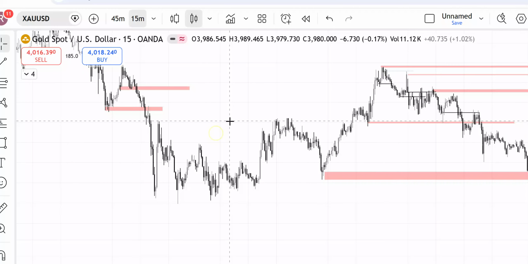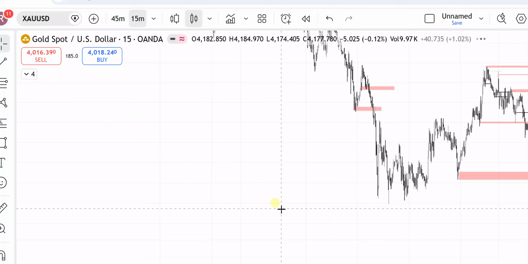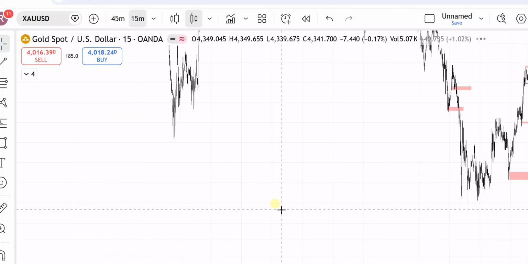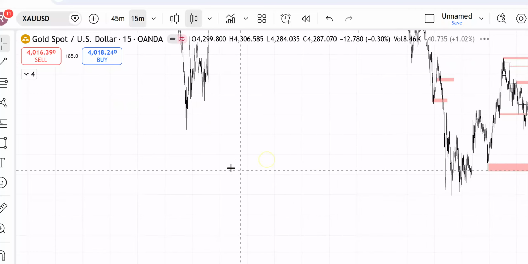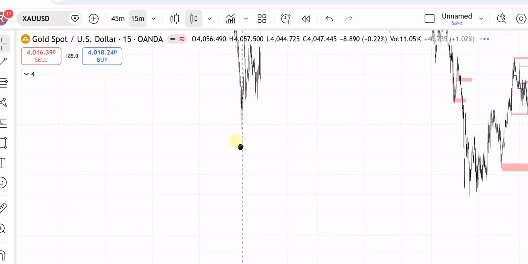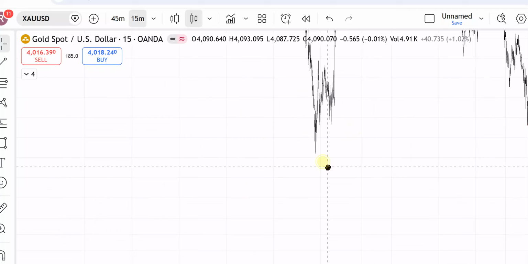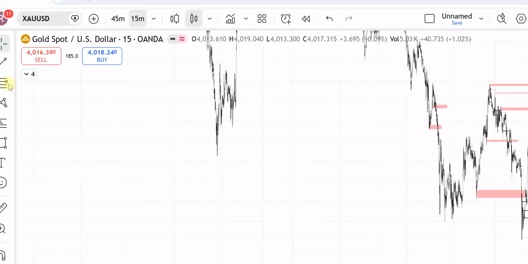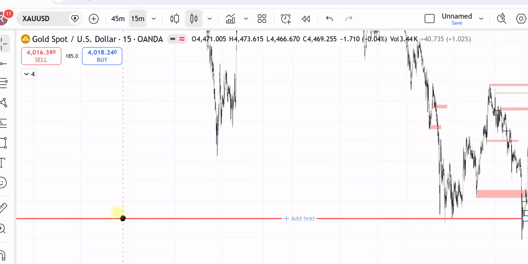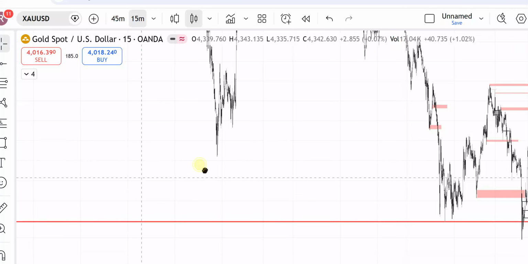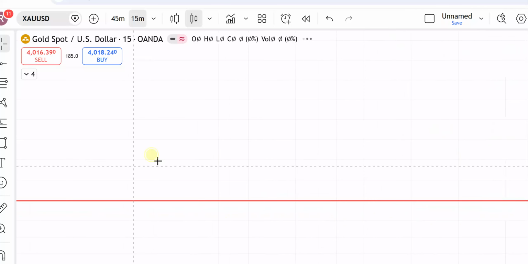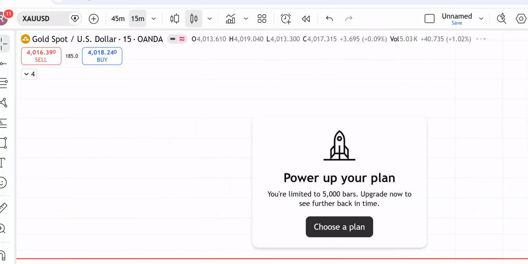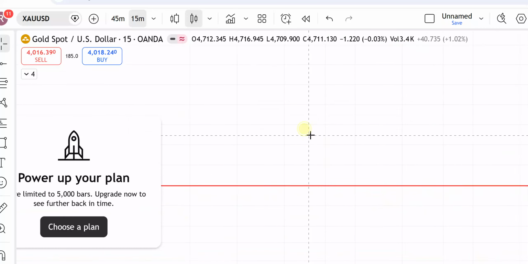So what I have to do is find the nearest key level, and I can see it here.